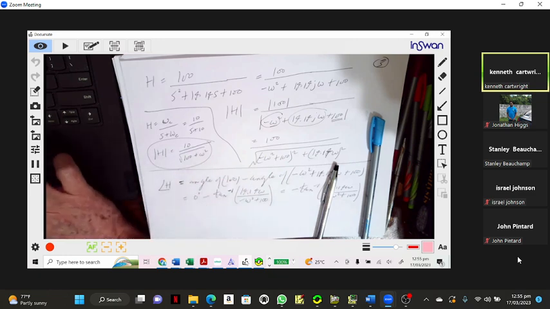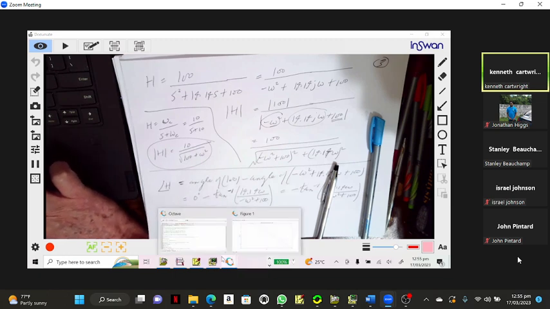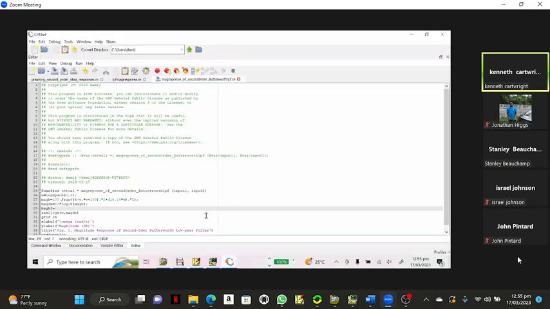Okay. So let's plot that. So that's 10 dot divide square root of 100 plus omega dot times omega.